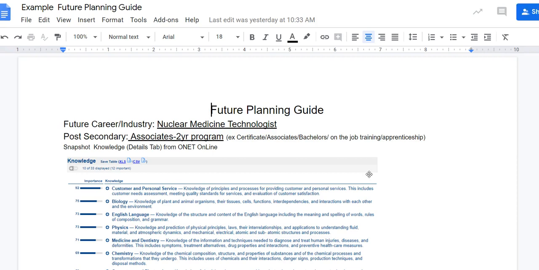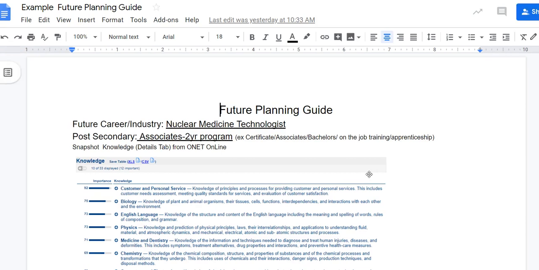One of the first things that you will need to do is to put the career and/or industry on your document, just so that we know, when we're looking at your plan, what you are thinking of doing.